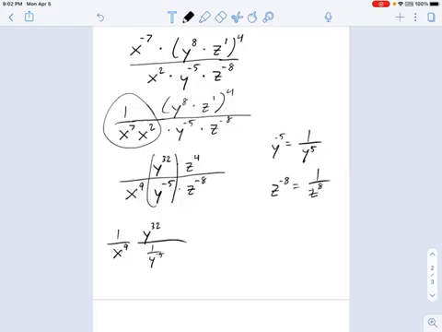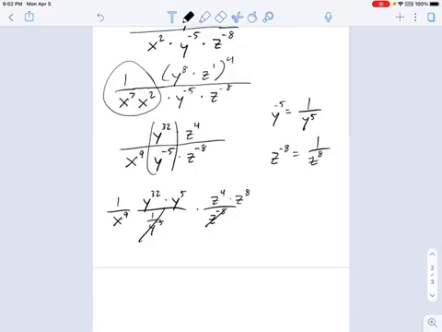And when you divide something by a fraction, remember keep, flip, change, that's equivalent to multiplying it by the inverse. So this becomes y to the 32nd times y to the 5th. And likewise, I've got z to the 4th divided by 1 over z to the 8th. Well, that is equivalent to multiplying by z to the 8th.